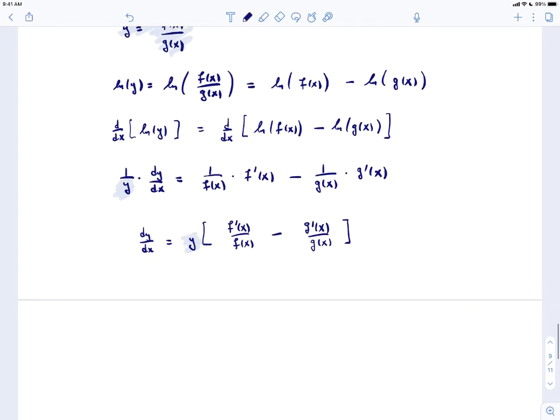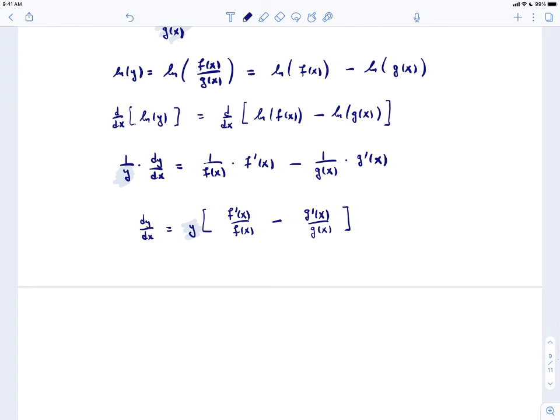So if we just replace y with f divided by g, we'll have that dy dx is equal to f divided by g times all of this. So it's f prime at x over f at x minus g prime at x over g at x.